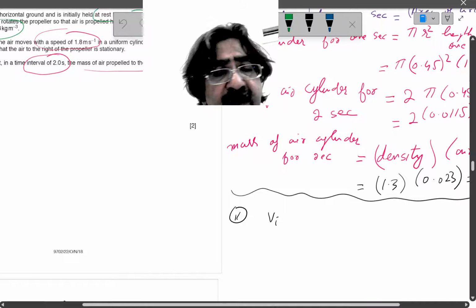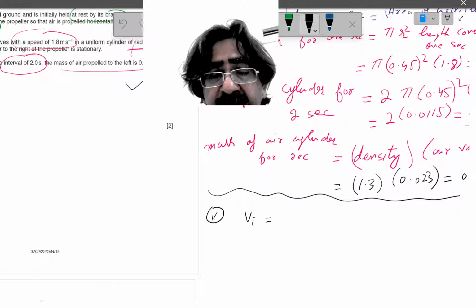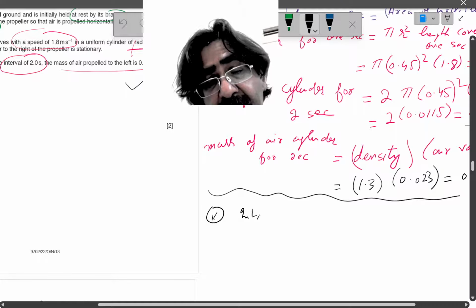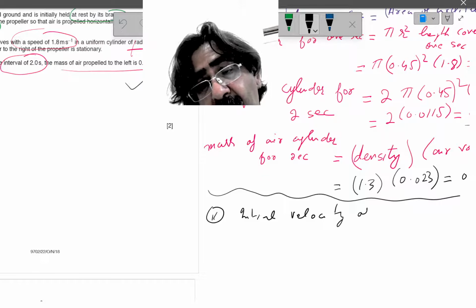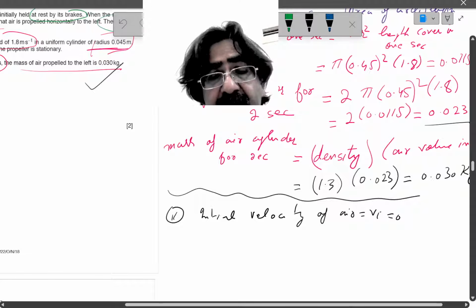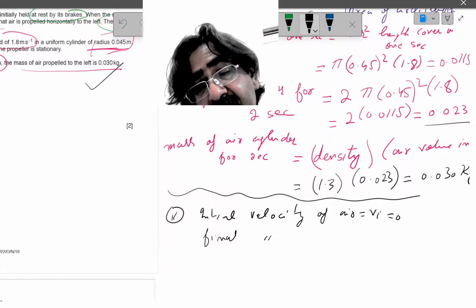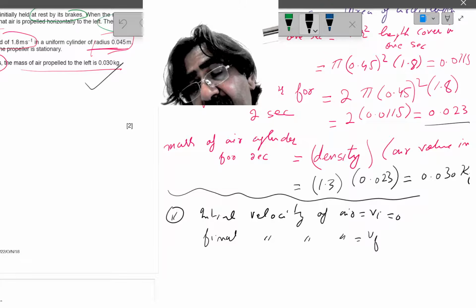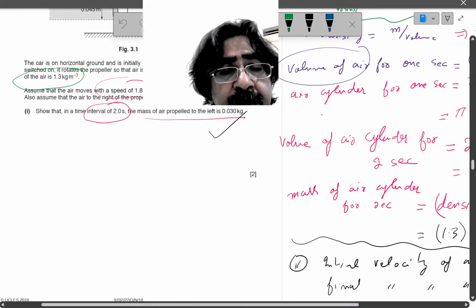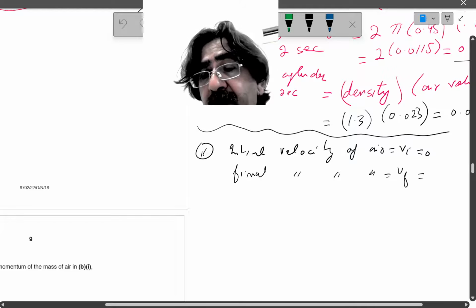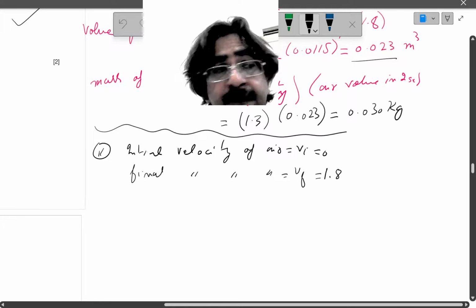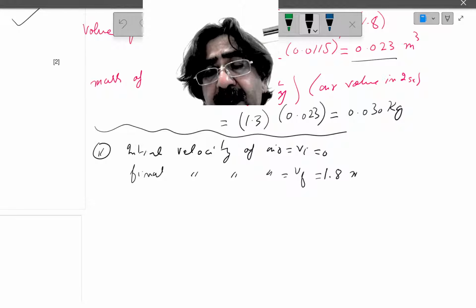Since initially, when the motor was stopped, the initial velocity of air Vi was 0, and the final velocity of air Vf was 1.8 meter per second.